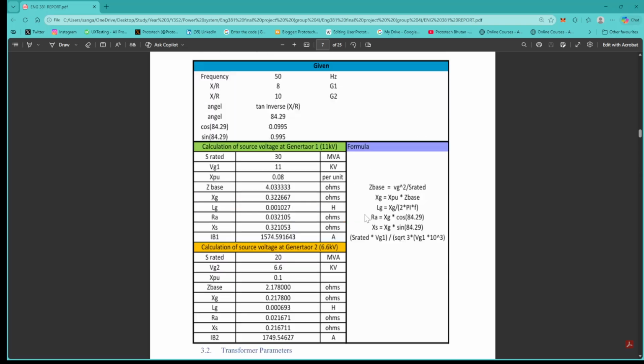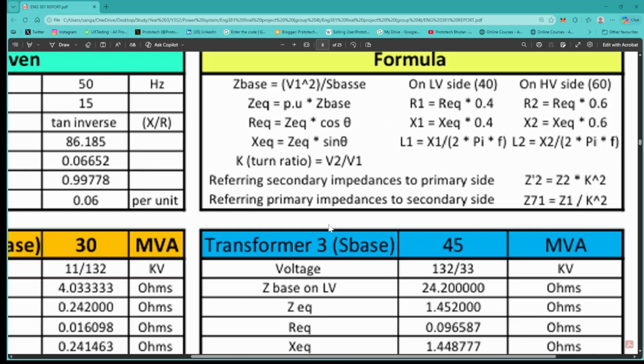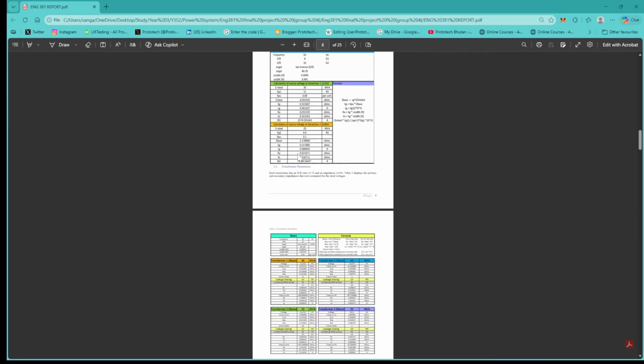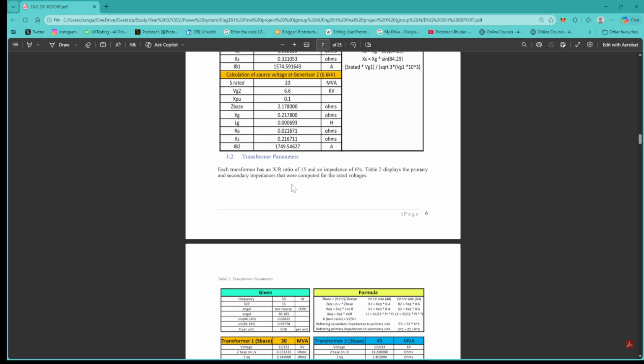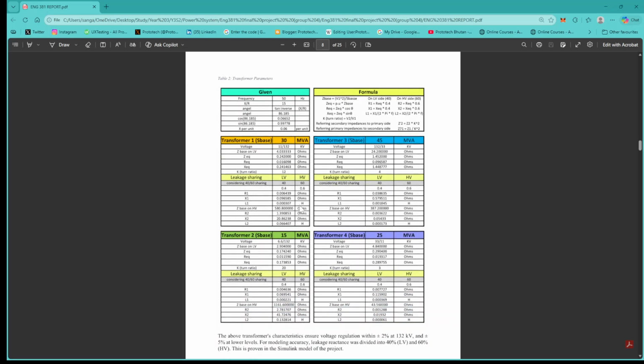Next is the transformer calculation. Transformer parameters are calculated with the X by R ratio of 15 and impedance of 6%. A lot of information is here. You can go through it. I'm not going to talk about the details, but we require an equivalent voltage.